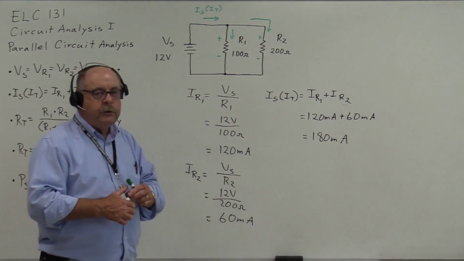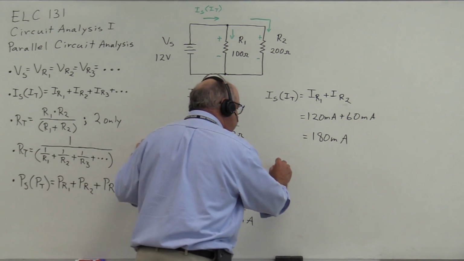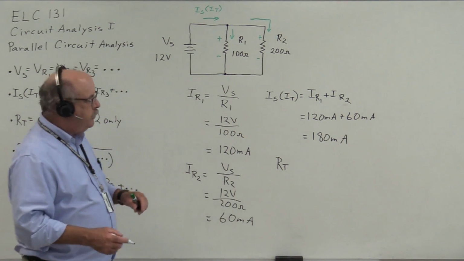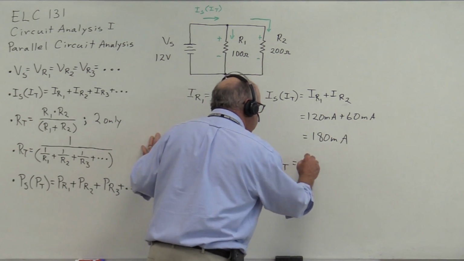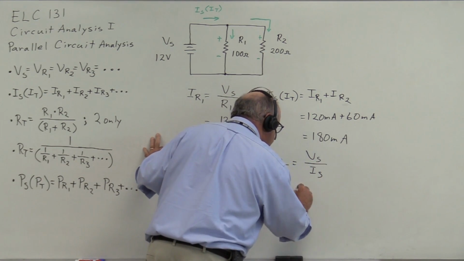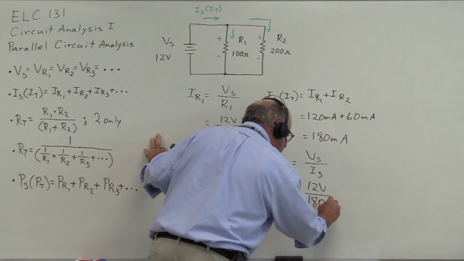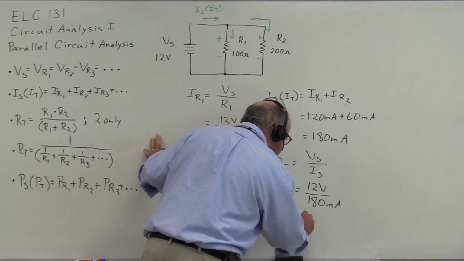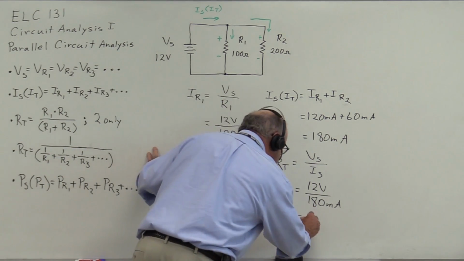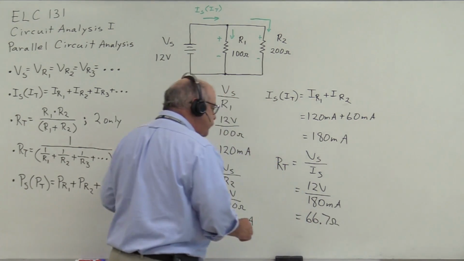Now that we know the source current, the total current, we can find the total resistance as seen by this 12-volt source using Ohm's law. Which gives us a total resistance of 66.7 ohms.